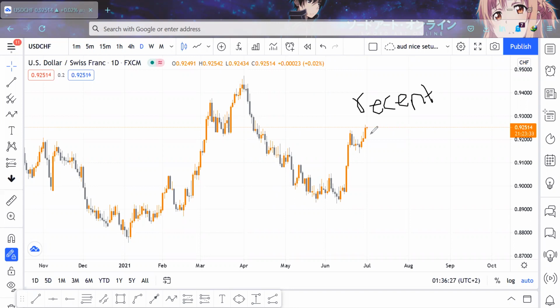Which one is our recent structure here? So we had a level here being formed, right? And then after that level being formed, we had this level being broken here, having a reversal pattern here.